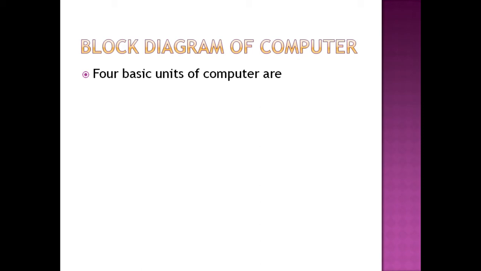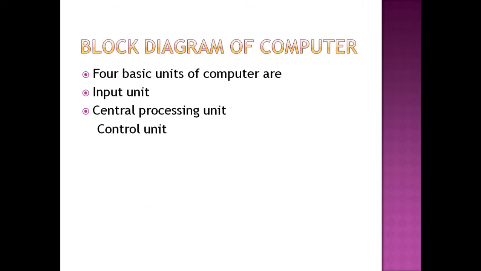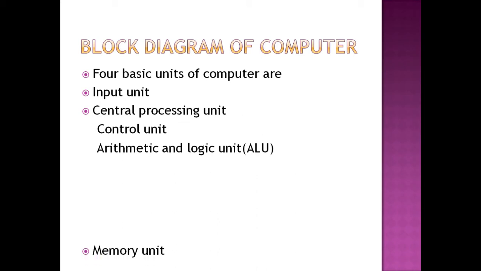The four basic units are: first, my input unit, then my central processing unit. My central processing unit has two more units: my control unit and my arithmetic and logic unit. The next unit is my memory unit, and then we have the output unit.